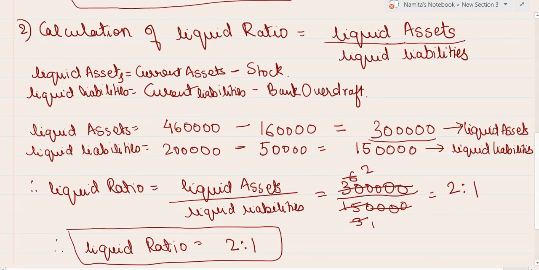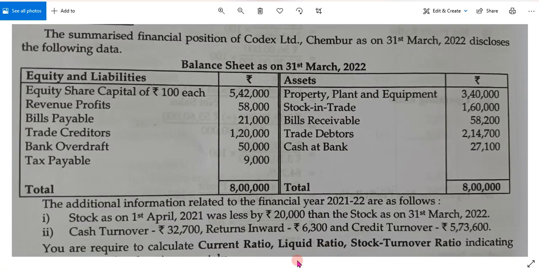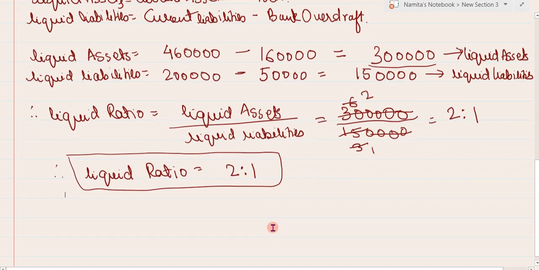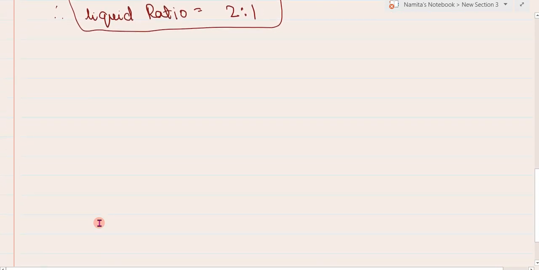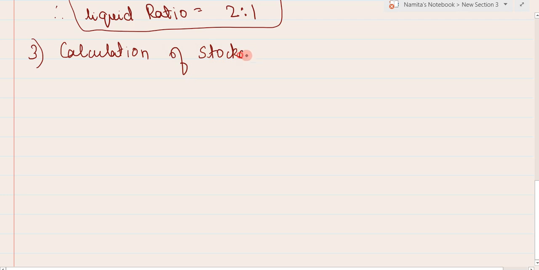Okay, so in this way you have to calculate the liquid ratio. You just need to remember the formulas. Formulas are very important. Now after liquid ratio we need to find the stock turnover ratio. This is the last ratio, the calculation of stock turnover ratio.